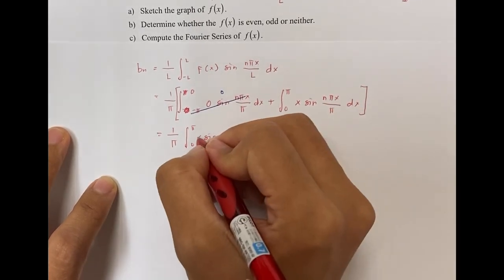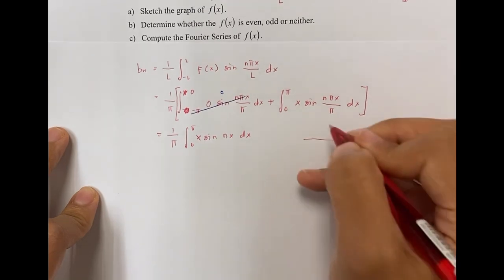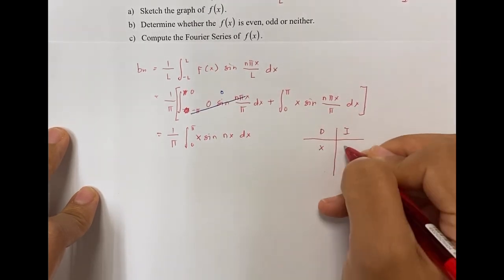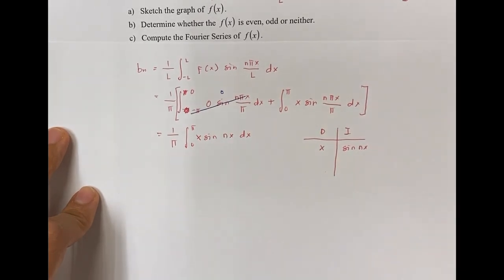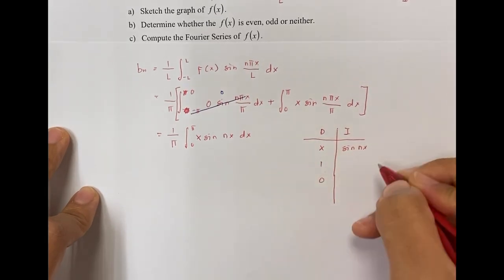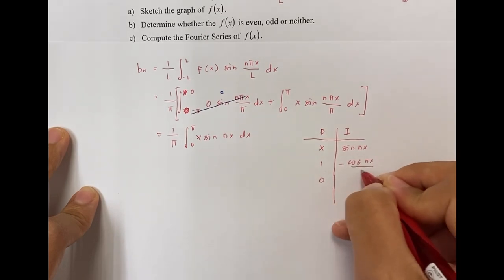Okay, we are missing the x. Again, tabular method, differentiation part, integration part, x sin nx. So 1, 0. For sin nx, we have negative cos nx over n.